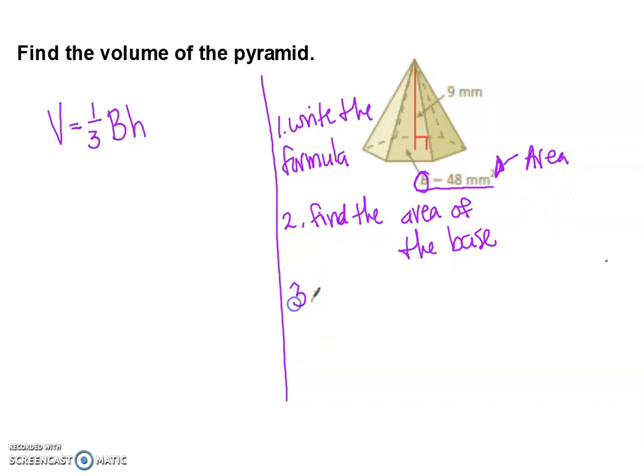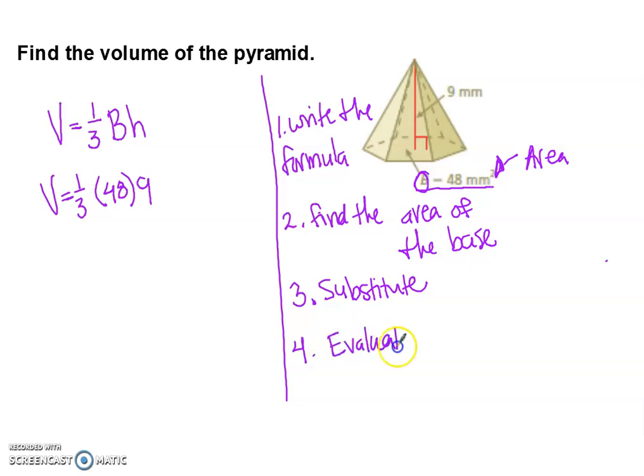Now the next thing you'll need to do is substitute in the values. Okay, so volume is 1/3 area of the base, they told us what it was, times the height, which is here in red, and it meets at a perpendicular right angle right there. The very last thing you should do is evaluate.